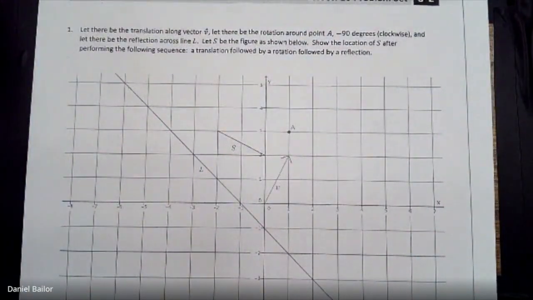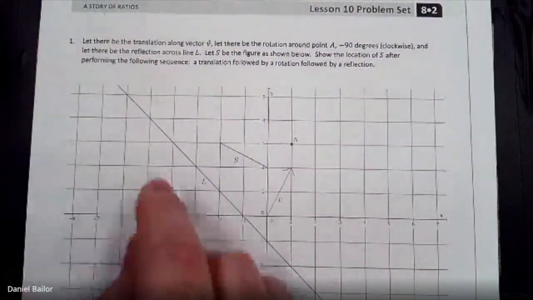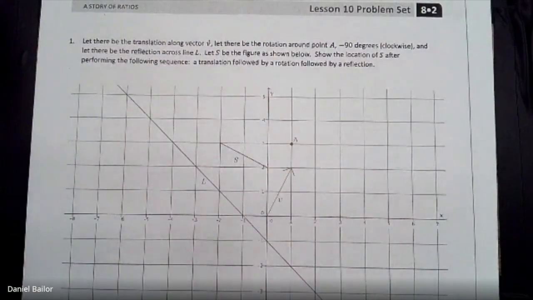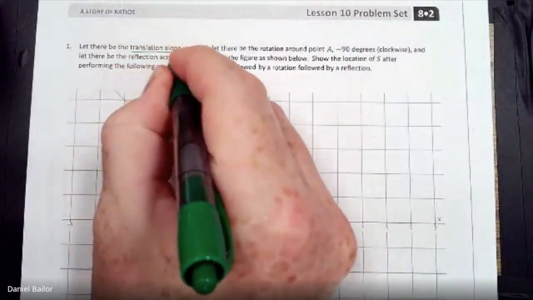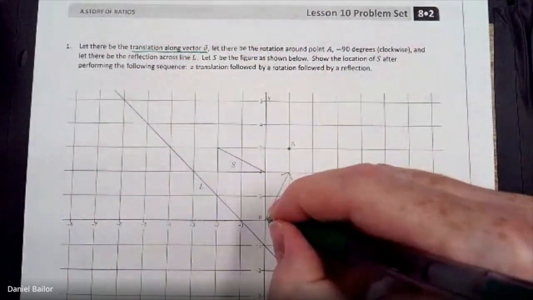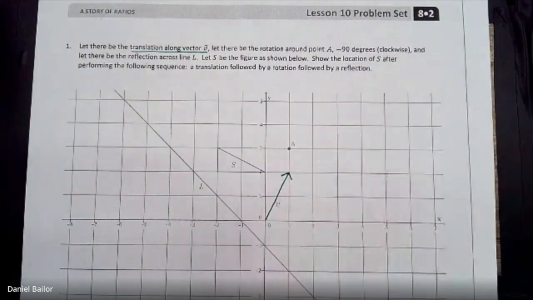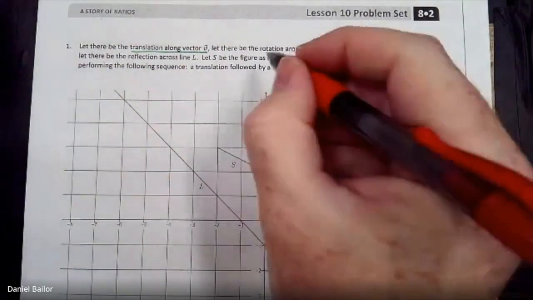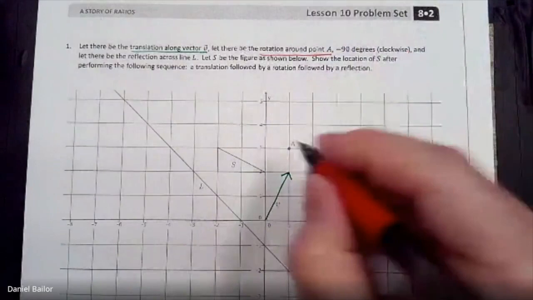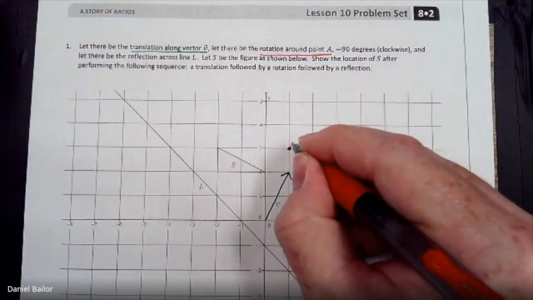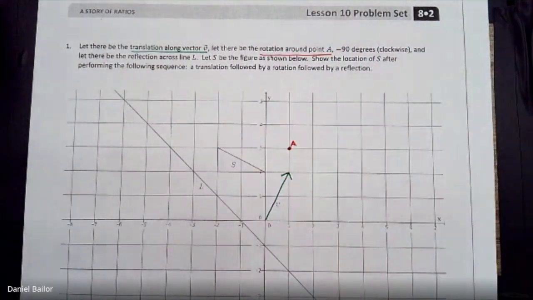Let's read the directions so that I can explain them to you. Let there be a translation along vector v. So you have a translation with vector v, which is right here. Let there be a rotation around point A. So here's point A that you're going to rotate around.